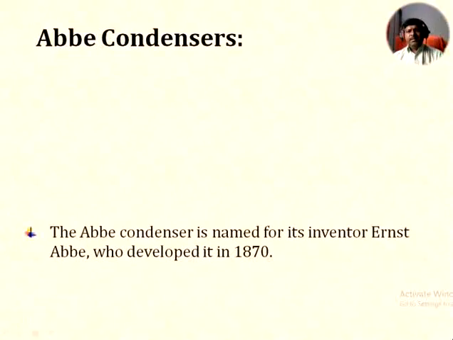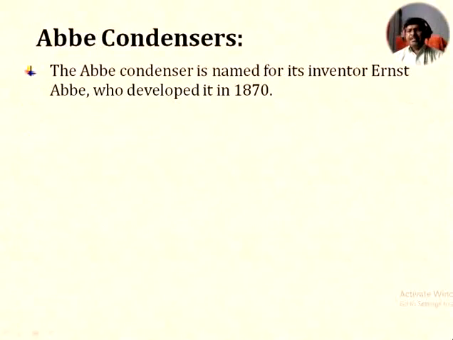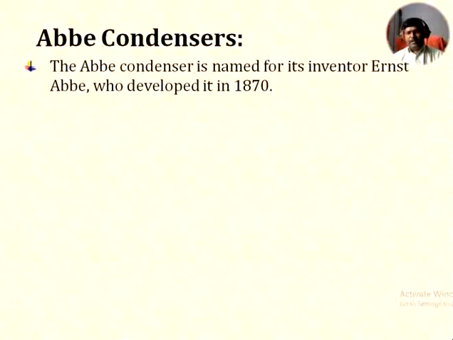Now this is the Abbe condenser, which is mostly used in the microscope. The Abbe condenser is named for its inventor, Ernst Abbe, who developed it in 1870.